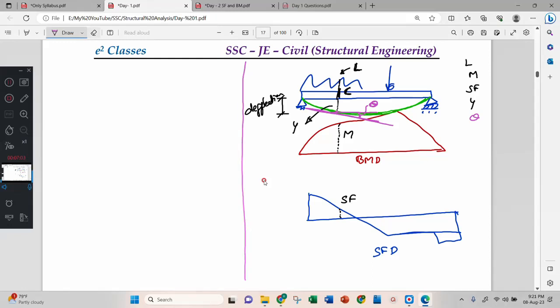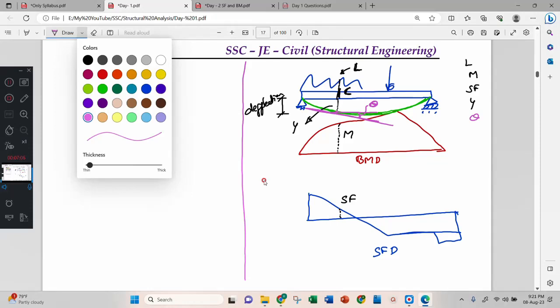Look at how I write; you also practice in the same way.